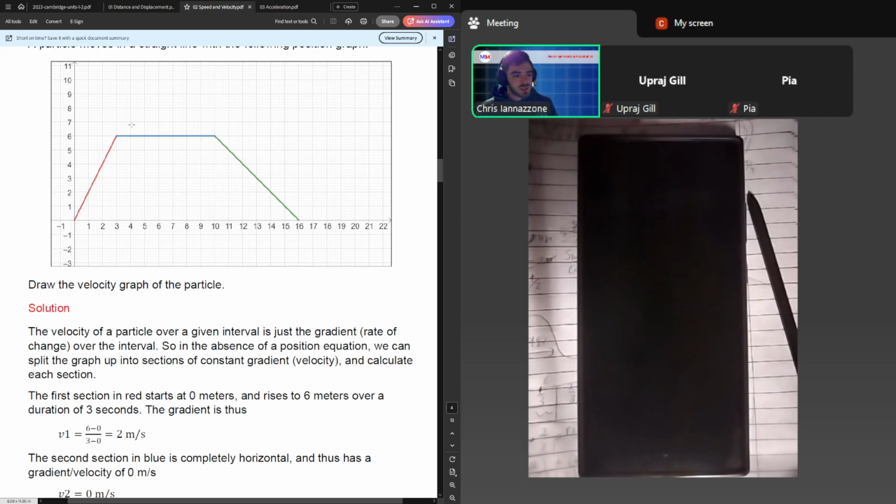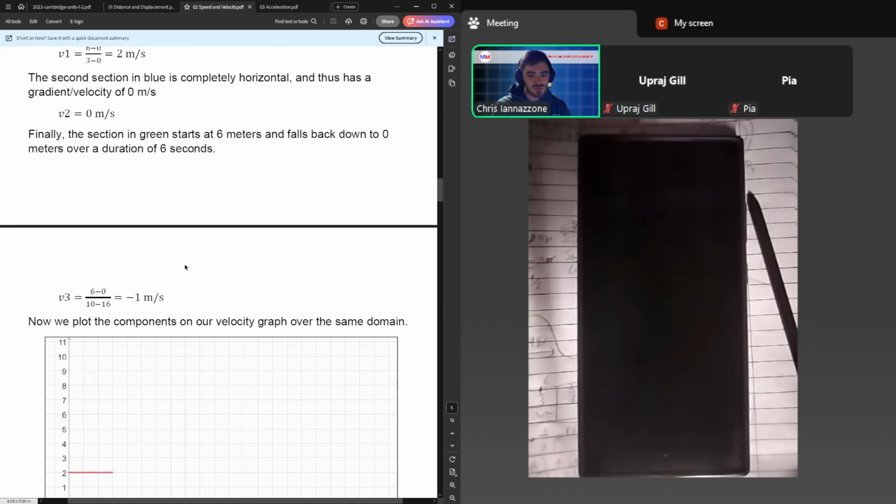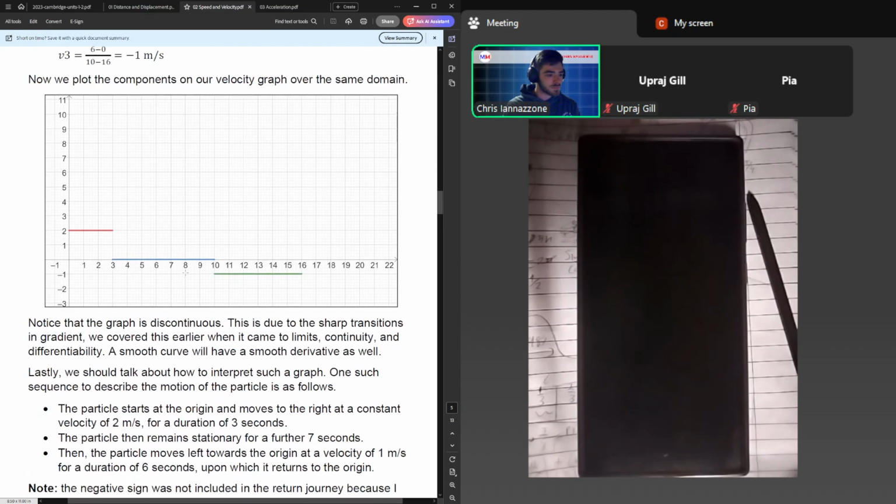If you remember back when we did limits and continuity, there were a few criteria for a function to be continuous and differentiable. This is a function that is continuous but not differentiable, because at these spots you don't know whether the speed is instantaneously 0, instantaneously 2, or in this case instantaneously -1. We're not actually told enough information to see that. So you're just going to have these sharp gaps.